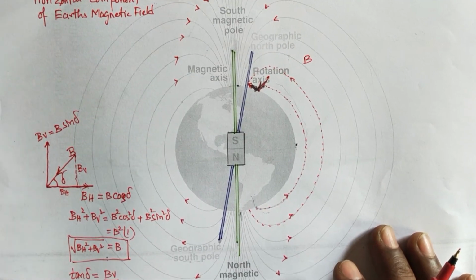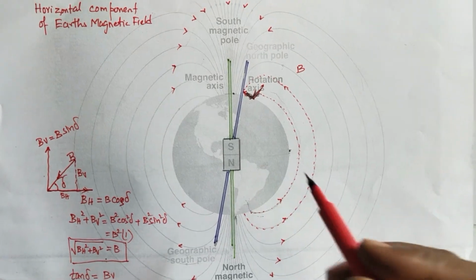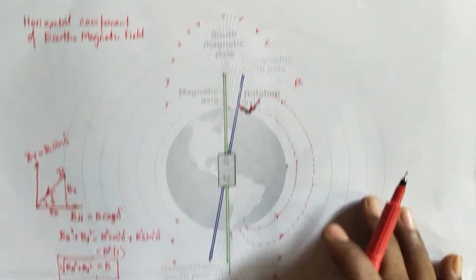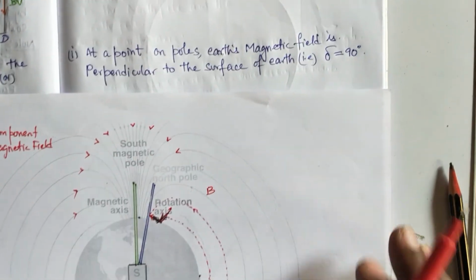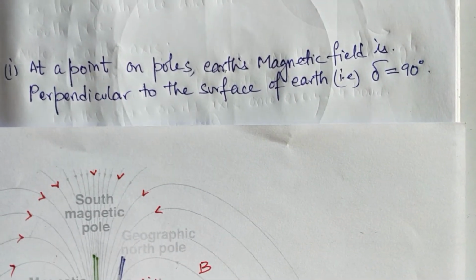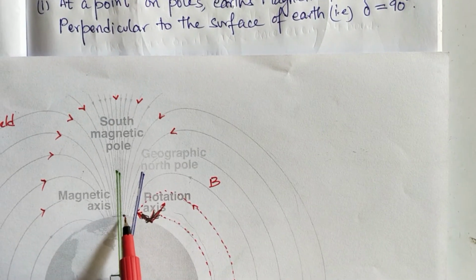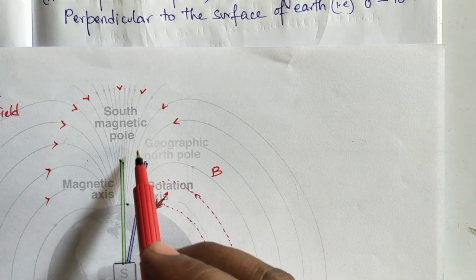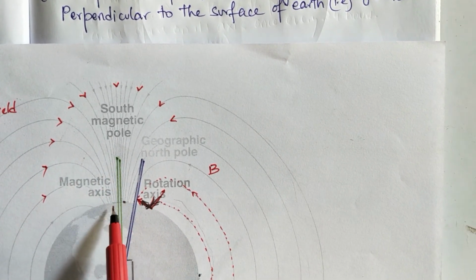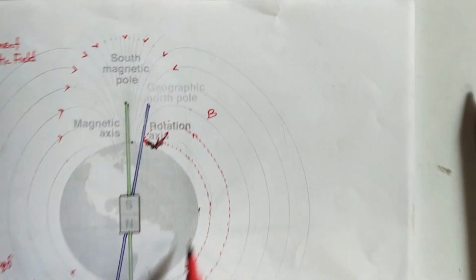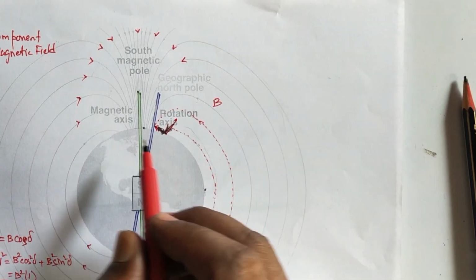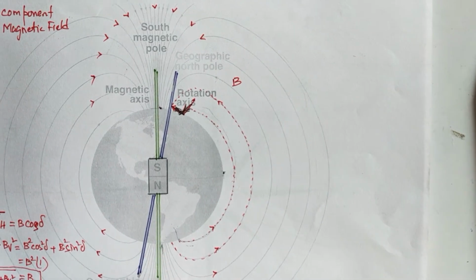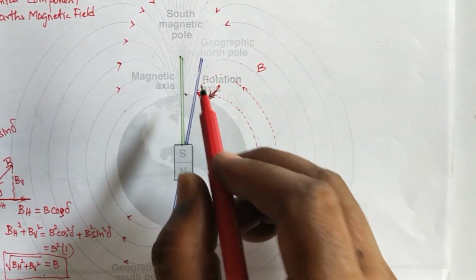Now, let us discuss how to measure the dip at different places on the surface of the earth. Let us see the first case. What is the dip at a point on the poles? The earth's magnetic field is perpendicular to the horizontal. The horizontal component is in the direction from the magnetic north to south.